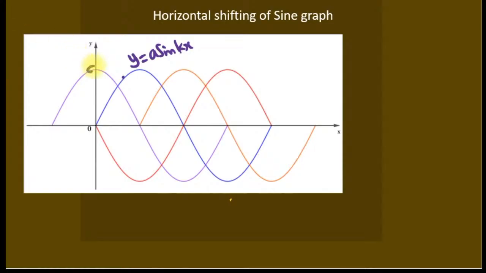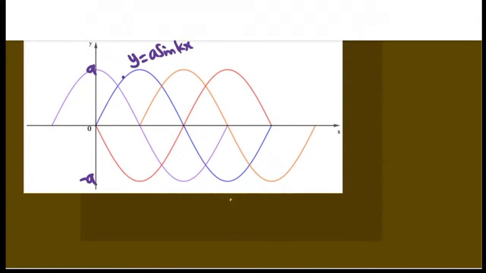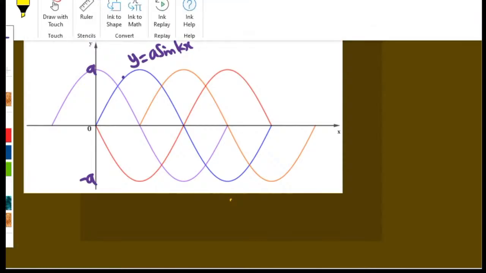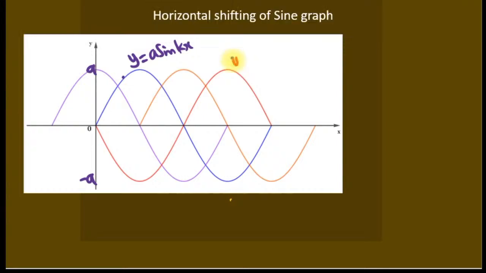If here is A, here is minus A. So the graph of the red function is y equal to minus a sine kx. If you multiply by minus, you get the red graph.